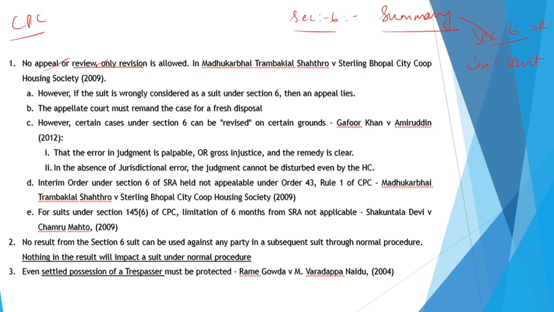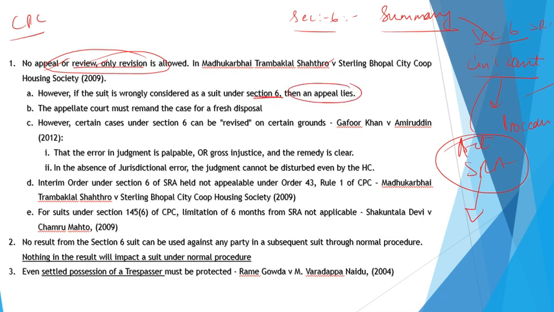The civil procedure is used, but which act is involved? SRA is involved here. Since SRA is involved, you cannot use review, revision and all, because these are CPC things. Under section 5 you can use it. This landmark case said this, but there can be a scenario when this suit is wrongly considered as a suit under section 6.